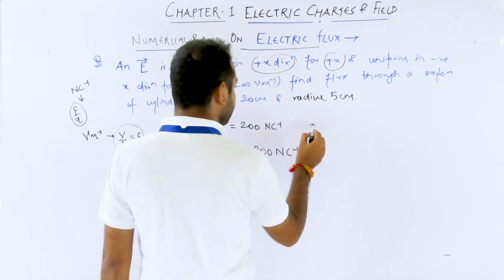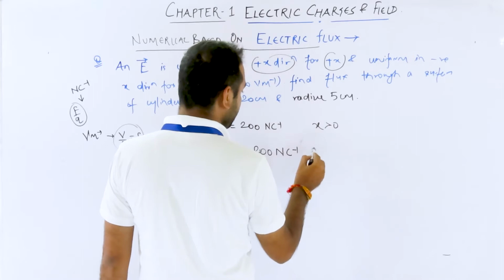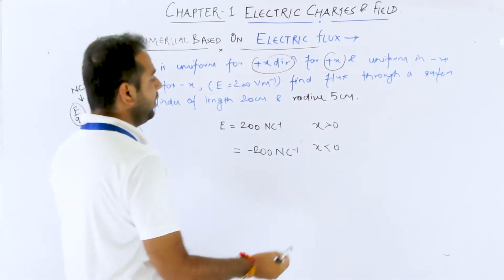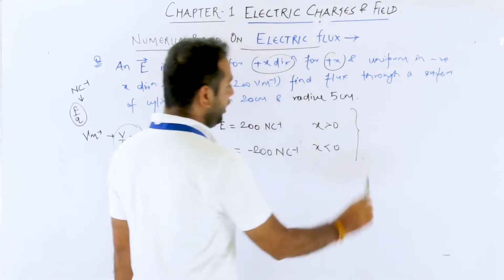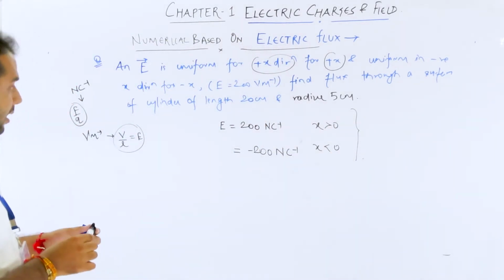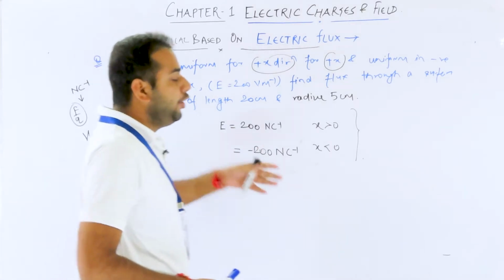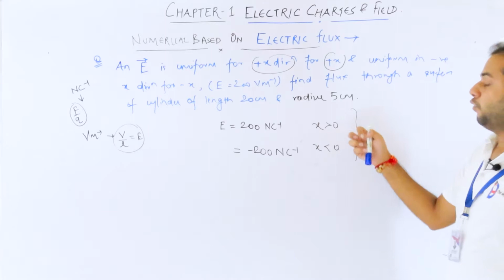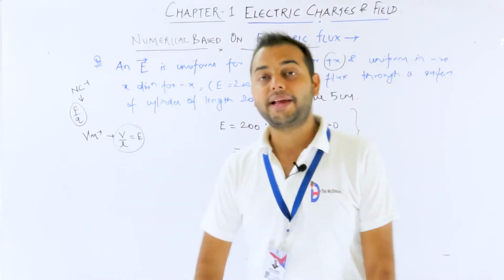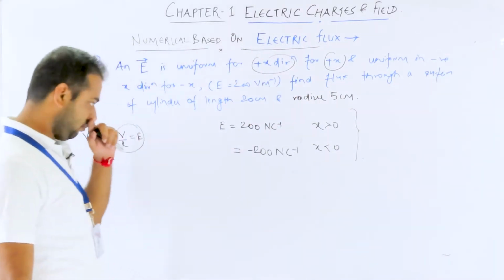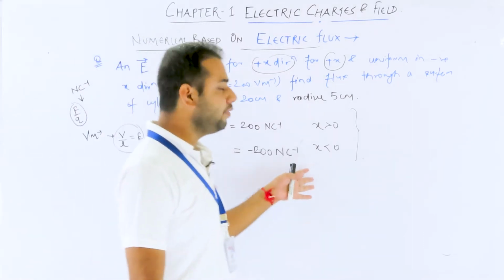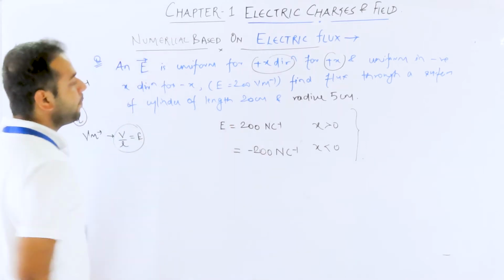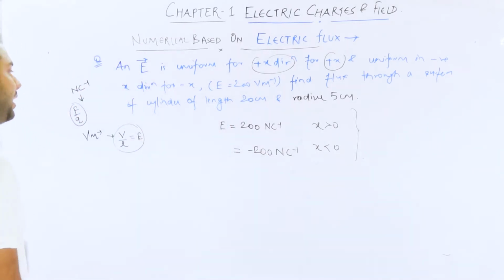Say this is x greater than 0, this is x less than 0. This is totally according to the question. In the question itself, they said you have an electric field of 200 Newton per coulomb or volt per meter in the positive x direction for x greater than 0, and for x less than 0 you have the negative value of the electric field. For x less than 0, the electric field is negative. For x greater than 0, the electric field is positive.